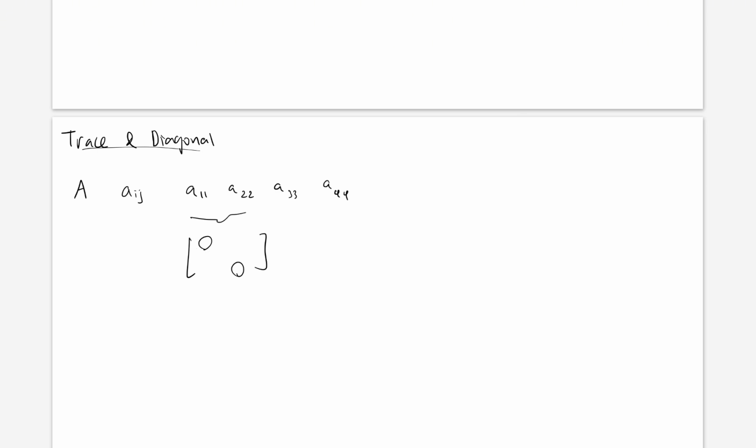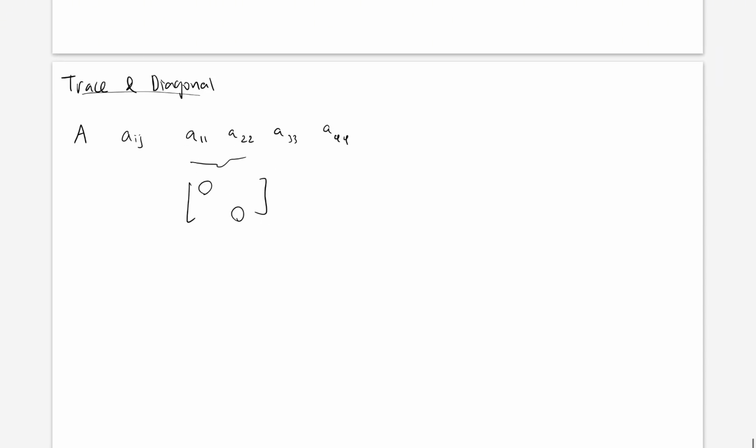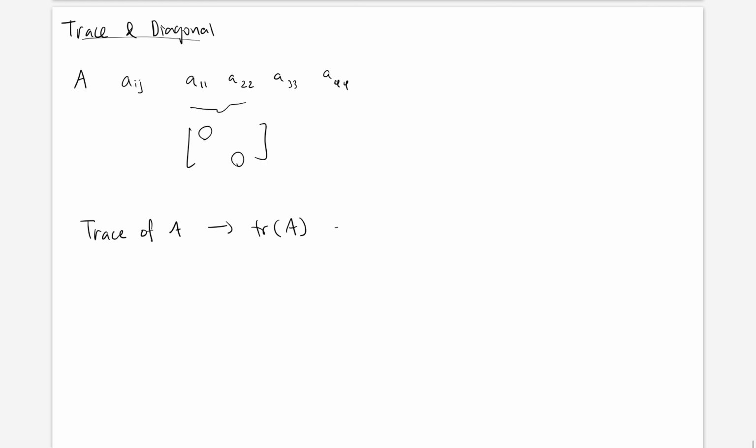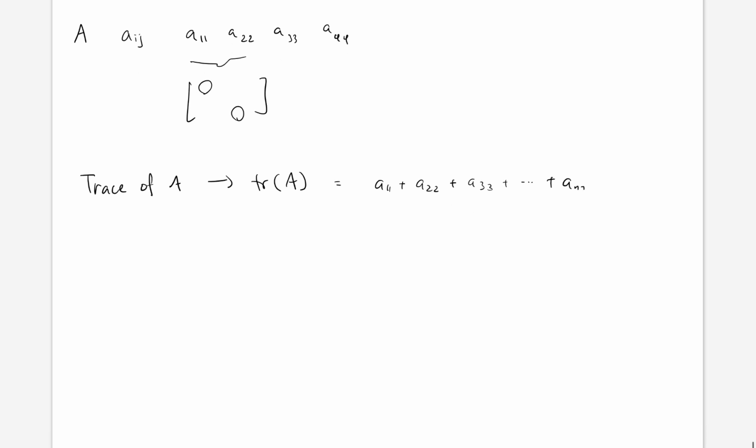First row, first column, second row, second column. Okay, the trace of A, written tr(A), is given by adding up the diagonal values, well, however many you have, right? Depends on how big your matrix is.